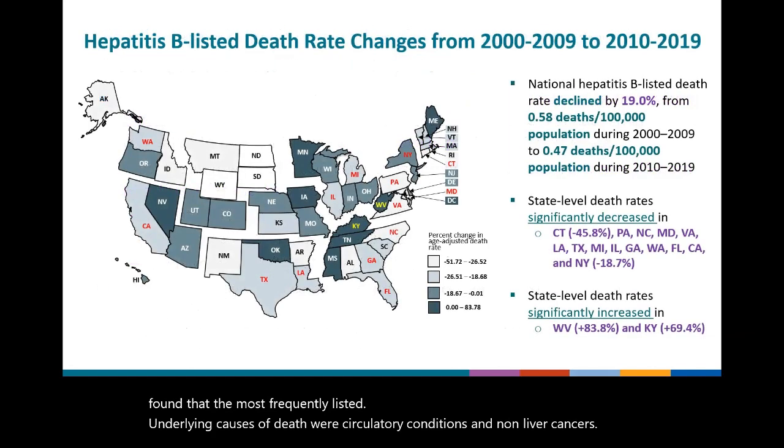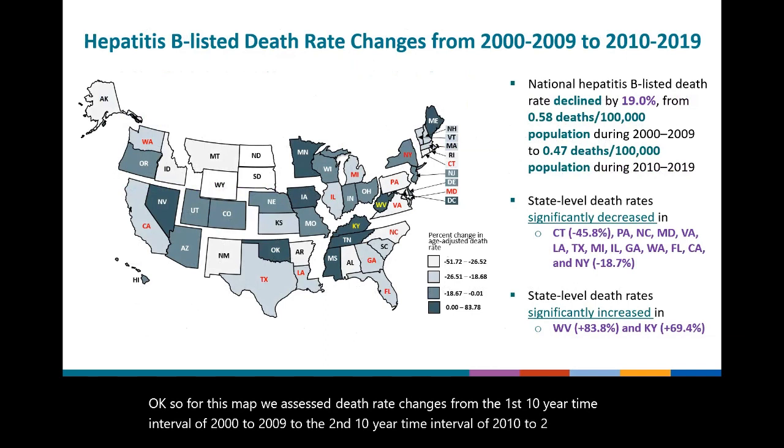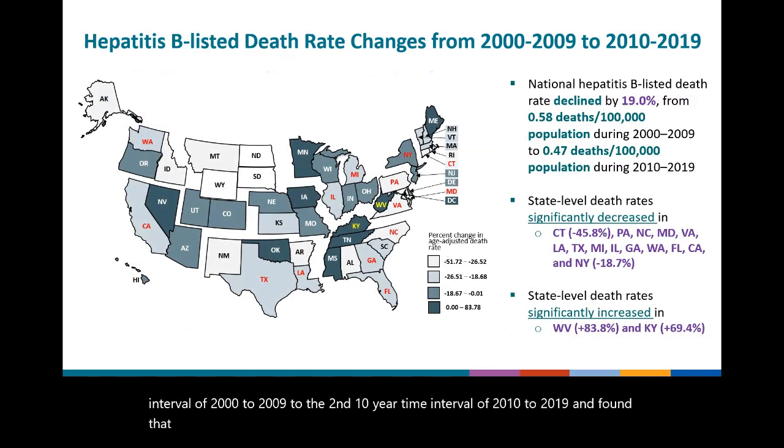Okay, so for this map, we assessed death rate changes from the first 10-year time interval of 2000 to 2009 to the second 10-year time interval of 2010 to 2019, and found that the national hepatitis B listed death rate declined by 19% from 0.58 to 0.47 deaths per 100,000 population.